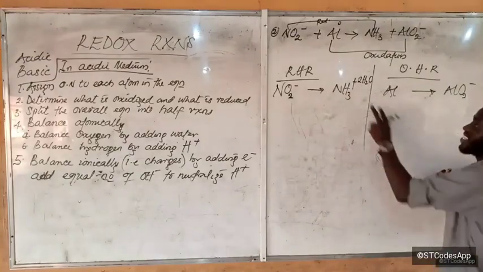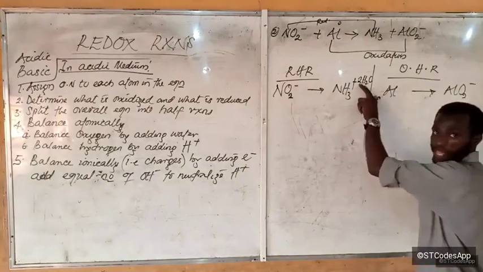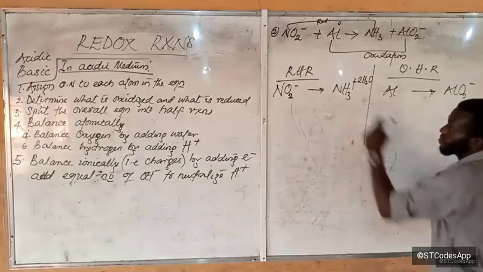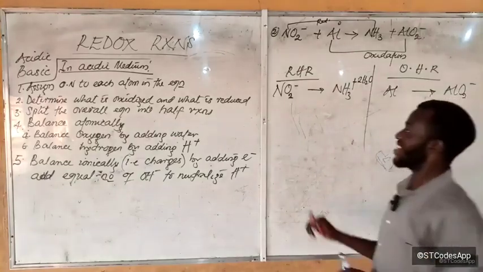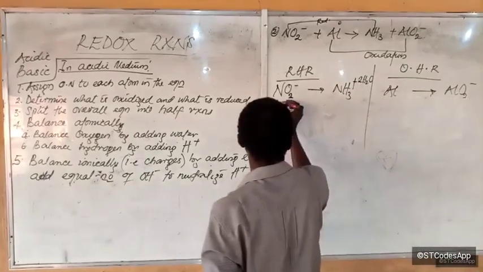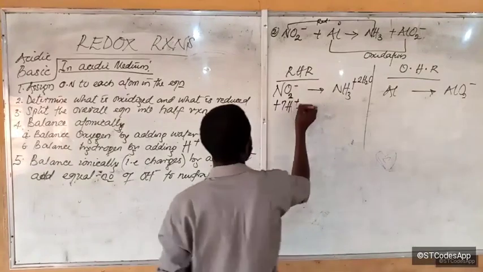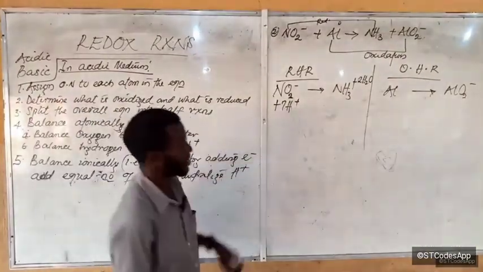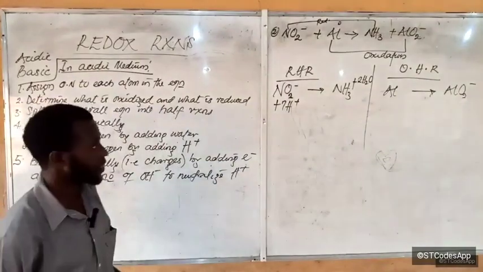Is that okay? Then hydrogen has now become 2 here. Is that okay? 2 times 2, 4, plus 3 that we had here. Is that okay? That becomes 7. So here we're going to add plus 7. How do we balance hydrogen? Remember? By adding what? H plus. So we're going to add 7H plus there. Is that okay? Good.